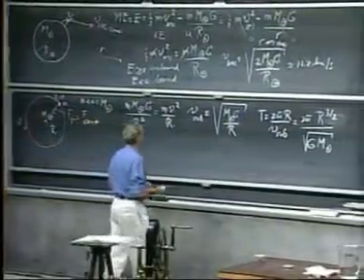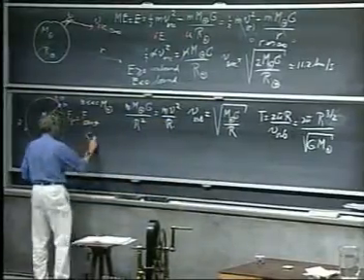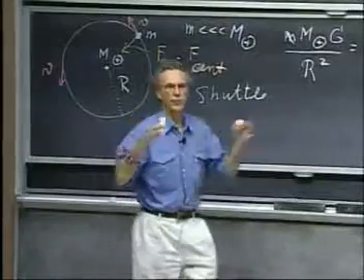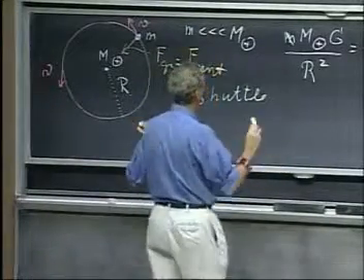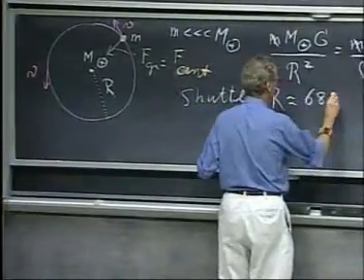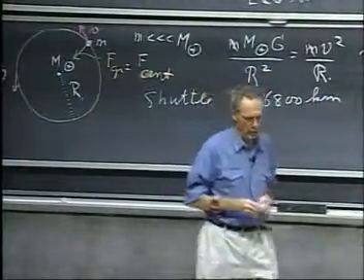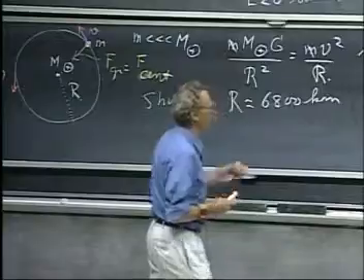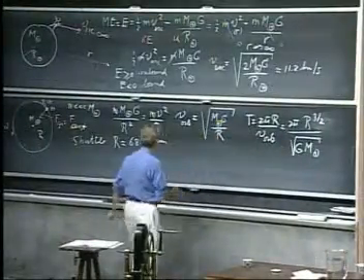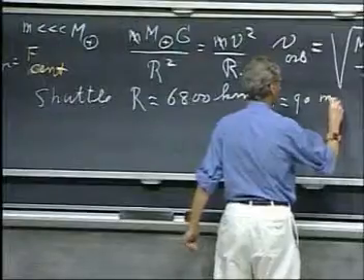If we take the shuttle as an example of a near-Earth orbit, the shuttle may be 400 kilometers above the Earth's surface, so we have to add 400 kilometers to the radius of the Earth, so you end up with about 6,800 kilometers for the radius of the orbit of the shuttle, and you substitute that in here, the mass of the Earth and the gravitational constant, you'll find that T is about 90 minutes.